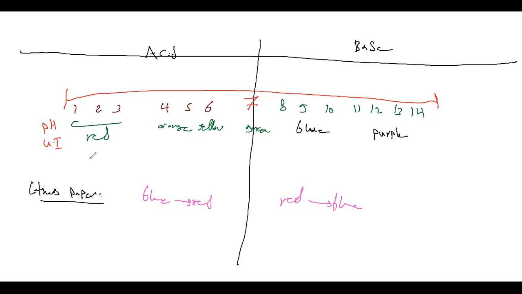For 1, 2, 3, this is strong acid. 4, 5, 6, this is weak acid. 7 is neutral. 8, 9, 10, weak alkali. And then 11 to 14, this is strong alkali. So 7 is the neutral, it is green. The area around 7 will be weak acid or weak alkali, and the two sides will be the strong. So the strongest acid is near to 0.